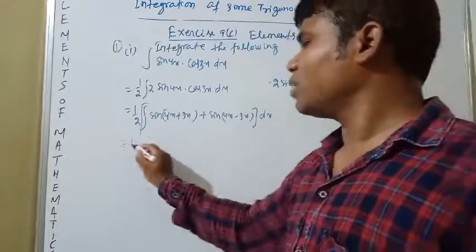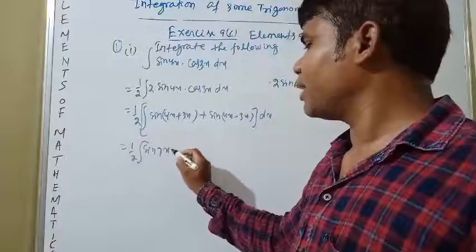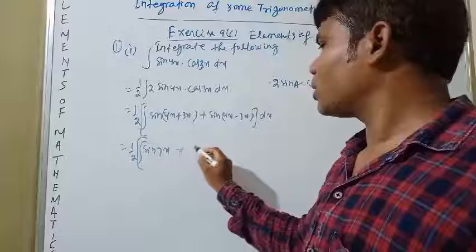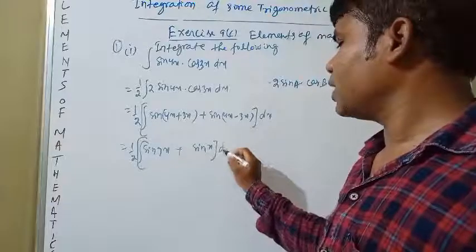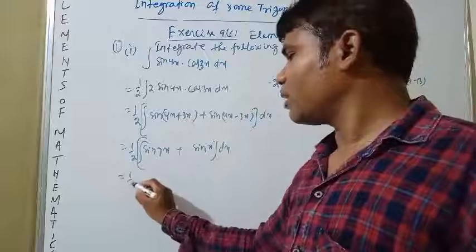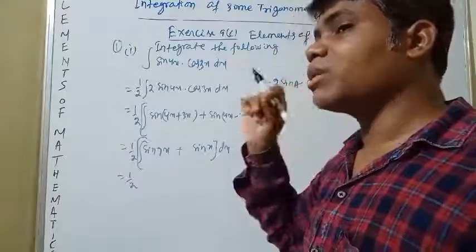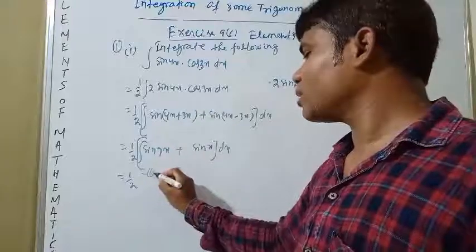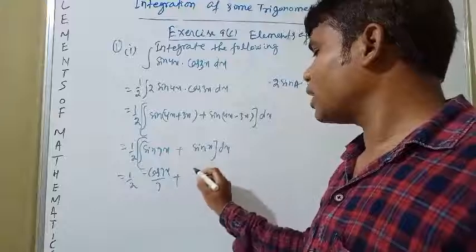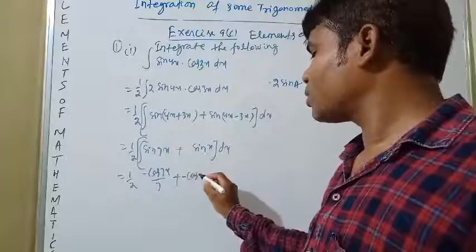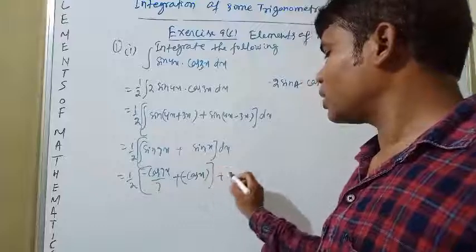Is equal to half integration of sin 7x plus, you see, 4x minus 3x, sin x dx. Integration of sin 7x is minus cos 7x by 7, plus integration of sin x is minus cos x, plus c.